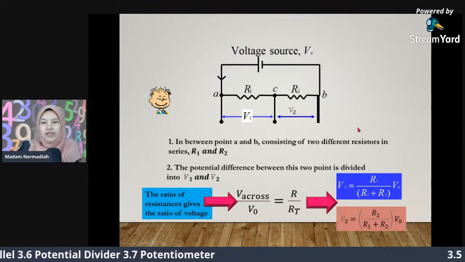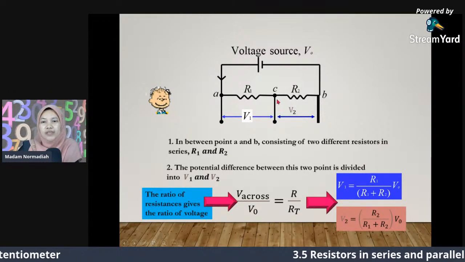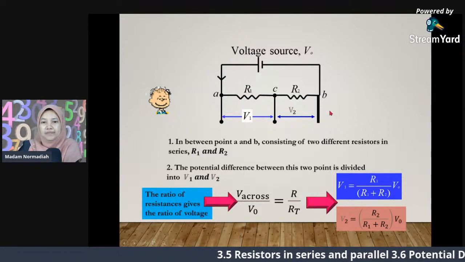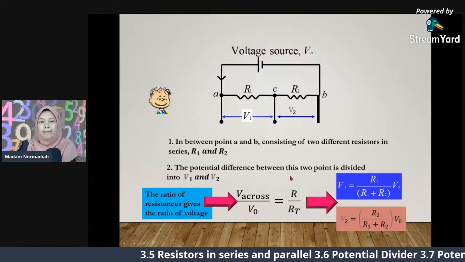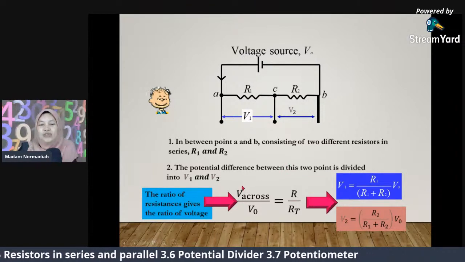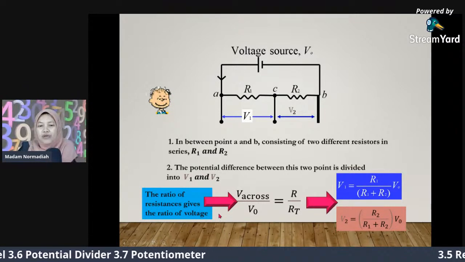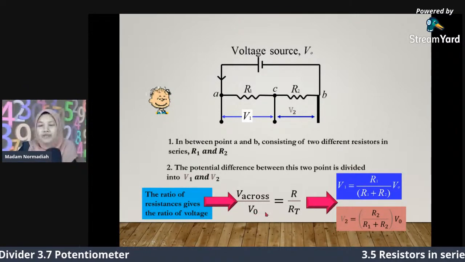Can you look at this one? V1 is voltage AC, V2 is voltage CB. So the ratio of resistance gives the ratio of voltage, which is V across over V0 equals R over RT.